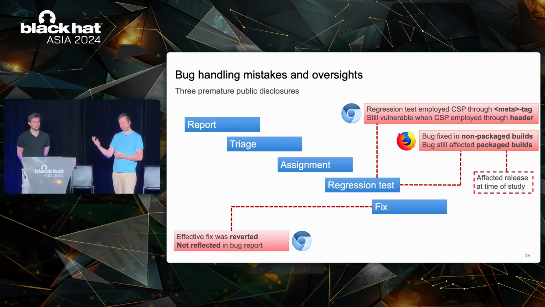Two of them were regression tests, because in one case, the test contained a meta tag instead of a header, and that caused the test to succeed while the vulnerability was still there. Another bug was in Firefox, where the bug would exist in the packaged build, but not in the non-packaged build, and the non-packaged build was the one used to run the test.